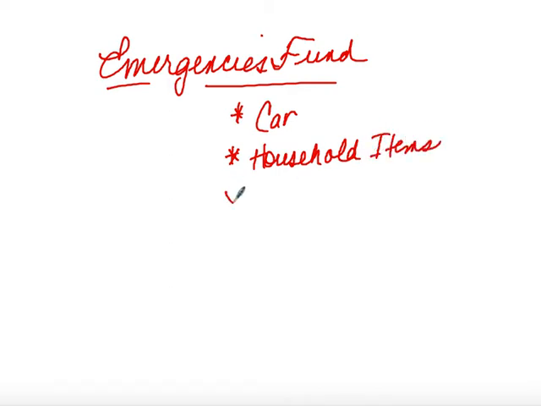Maybe your daughter broke her foot and you had to take her to the emergency room and you had to pay co-pays that your insurance didn't pay for. You might have had to pay money for crutches or x-rays, so some kind of medical items.